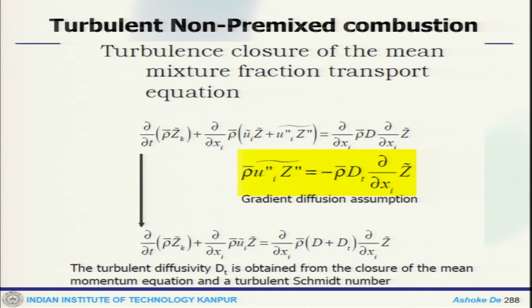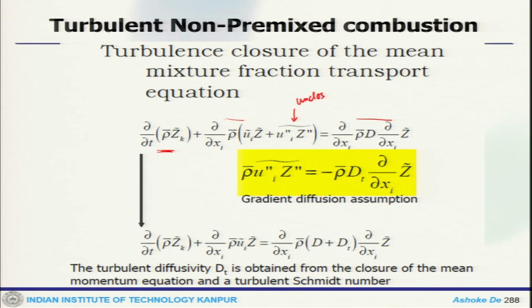Now once we use this density weighted average in the RANS framework, our mixture fraction equation will look like this. We have the unsteady term, convection term, diffusion term, and as we have already seen, the mixture fraction equation is free from any chemical source term, but due to this averaging we come across a term which is the scalar flux term, and that remains unclosed.